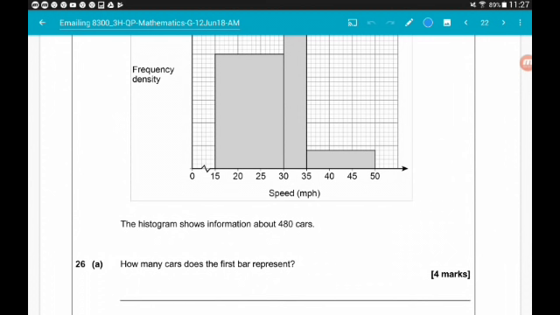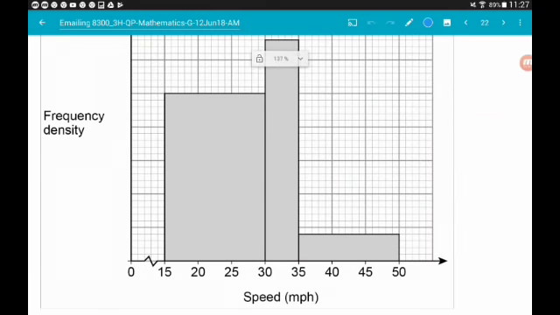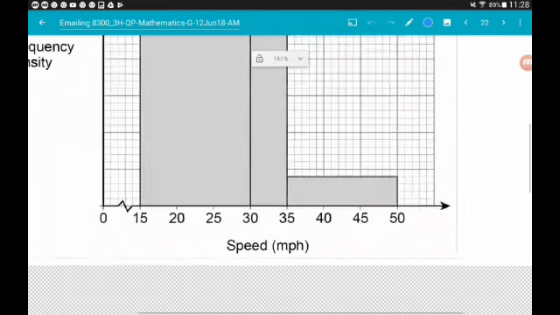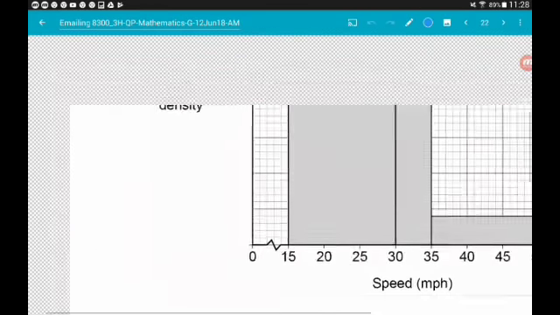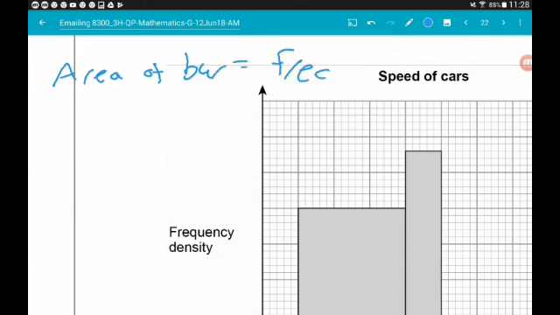Now, I'm going to put a link to my histogram stuff down below. A quick little recap though. Let's write this up here. The area of a bar is the frequency represented by that bar.